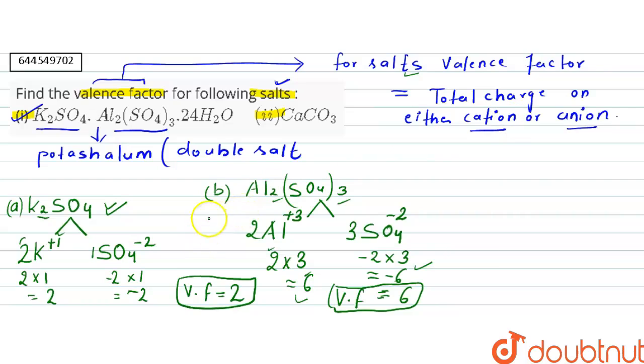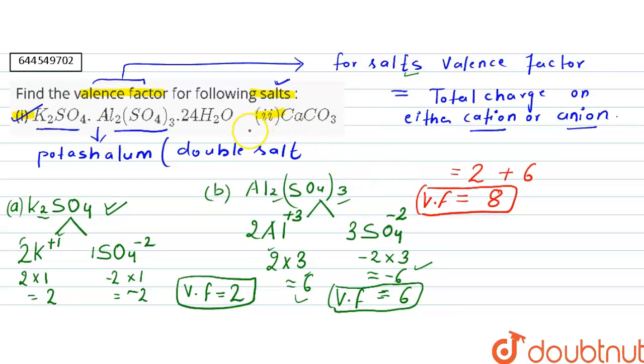So for potash alum, now we will add these two valence factors. For potassium sulfate it is 2 and for aluminium sulfate it is 6. If we add both of these, then it becomes 8. That is the valence factor of complete potash alum.